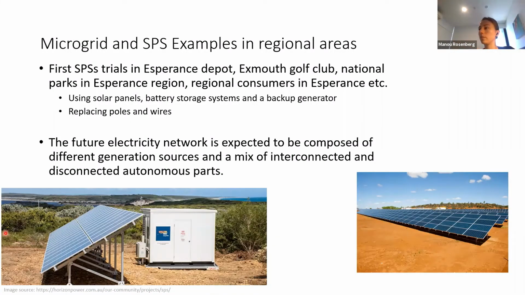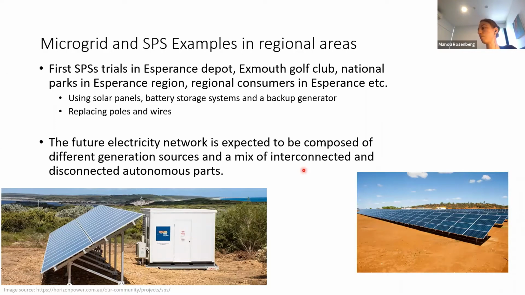That's a typical setup, and the idea is to replace the poles and wires over the long run. These are just some examples, but one could also think of how to plan a network in areas where there's currently no electrification yet. Especially looking at remote areas, the question is, what is the future network going to look like?